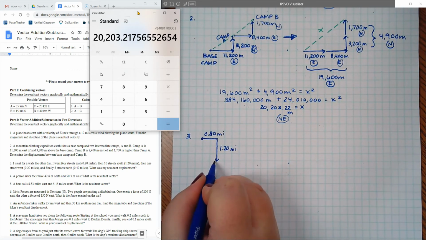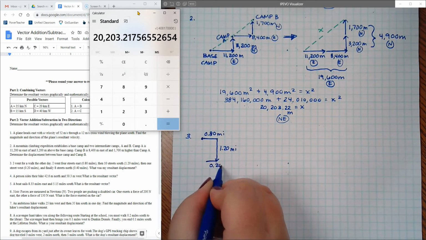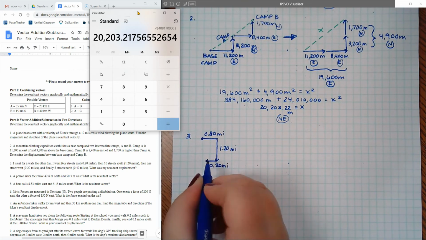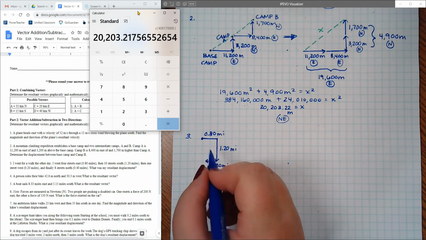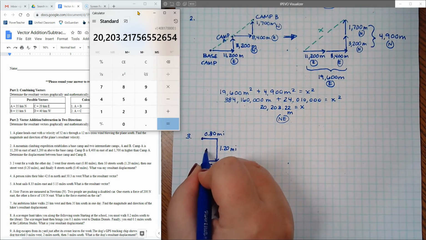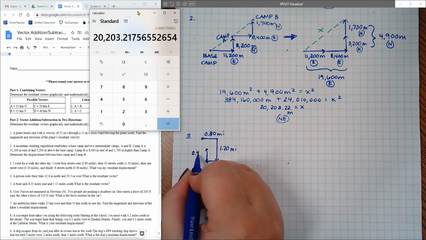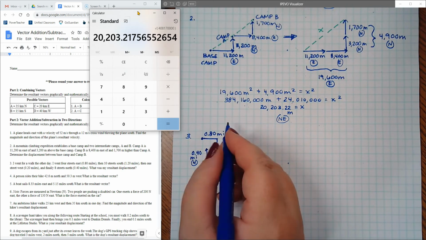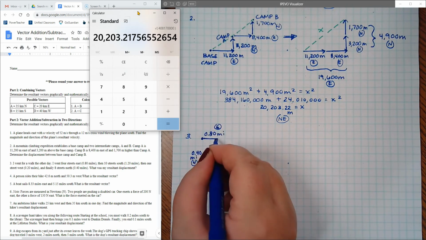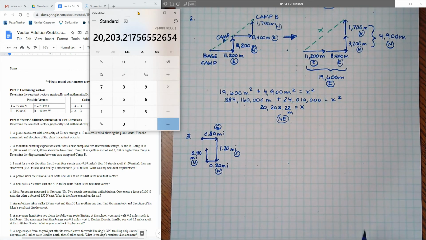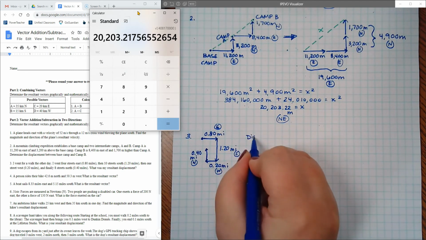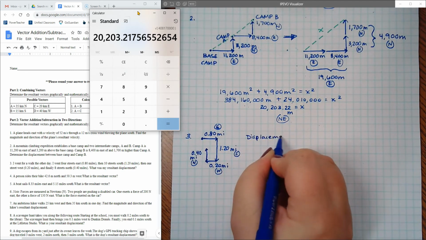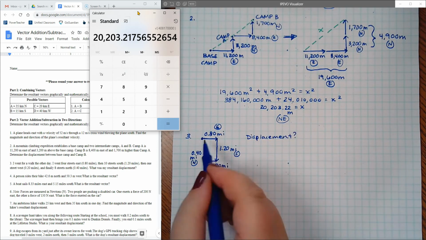Then I went 0.2 miles west and 0.40 miles north. I should label all of my directions as well. Okay, so displacement would be the distance from where I started and where I ended.